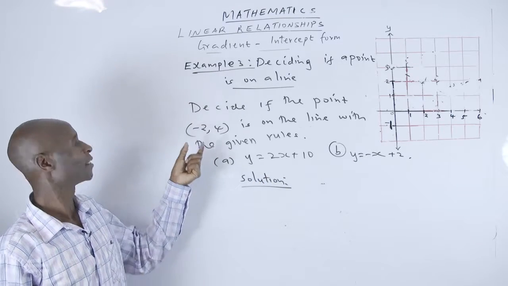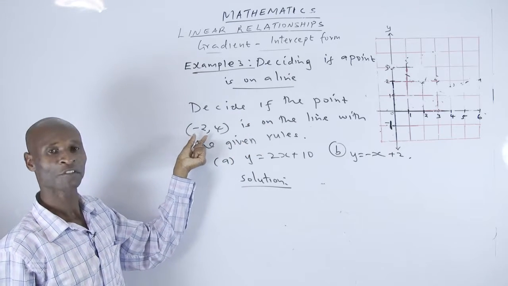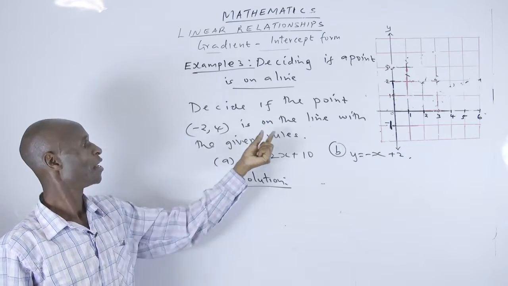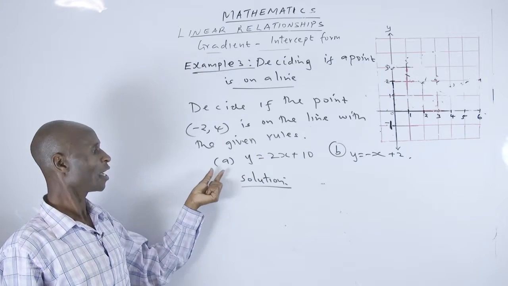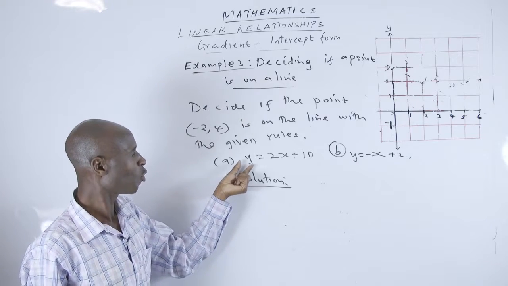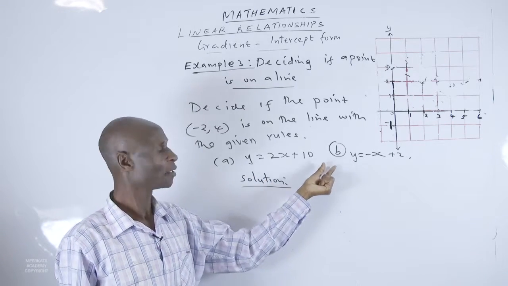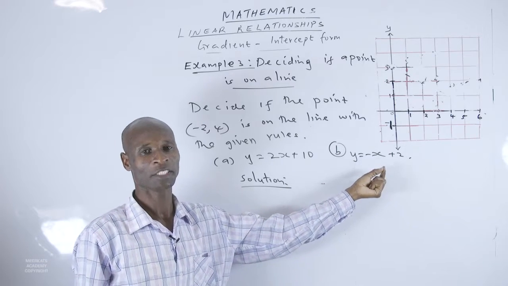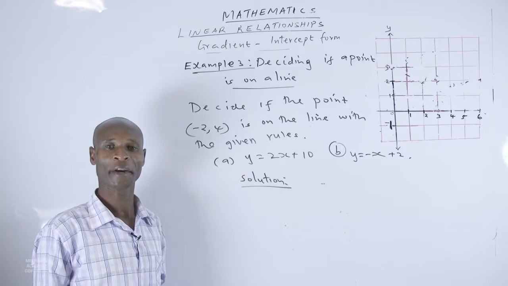So in that particular example, decide if the point -2, 4 is on the line with the given rules. Part A, the relation is y is equal to 2x plus 10, and in part B, y is equal to -x plus 2. So how do you handle part A?